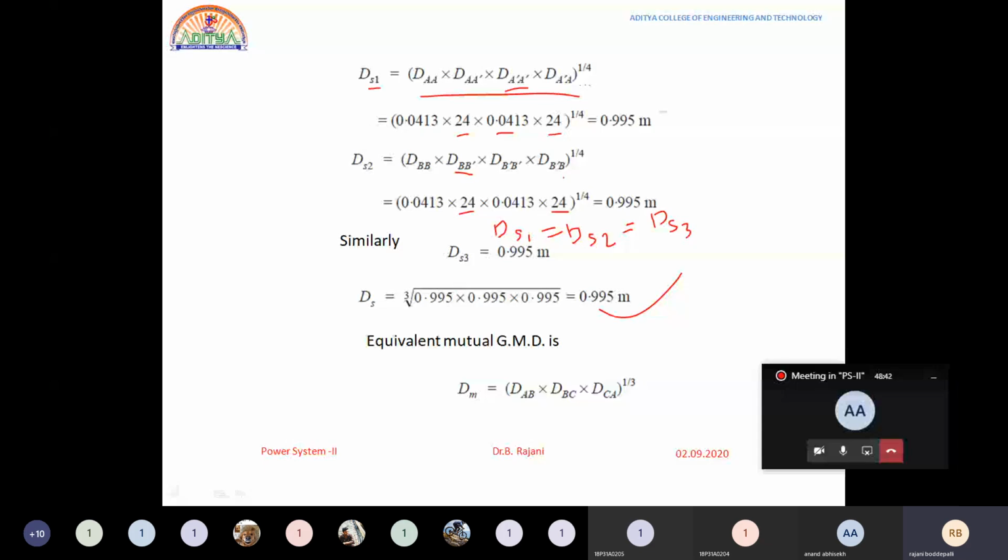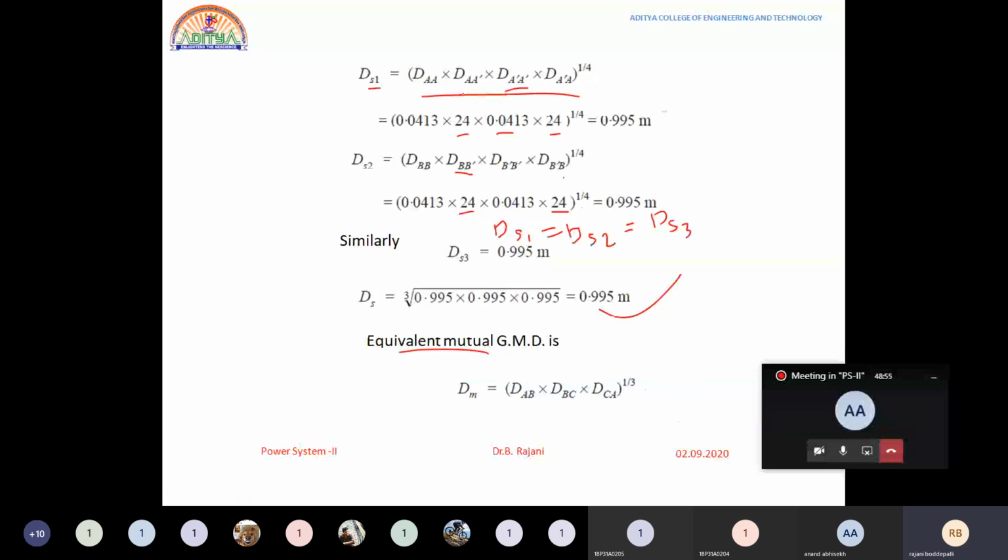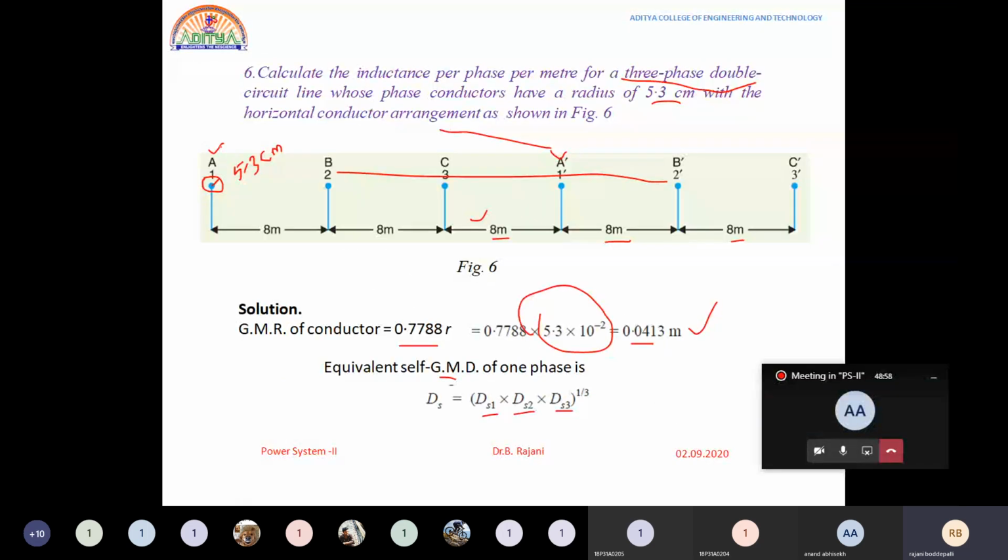Now we have to find the equivalent mutual GMD of the conductors. This is the formula for this. We have to see the distances. Now the distances are different. A to B is different. A to B dash is 32. How do we see it? A is here and B dash is here, right? What is it? 8 plus 8 plus 8 plus 8, 8 fours are 32.